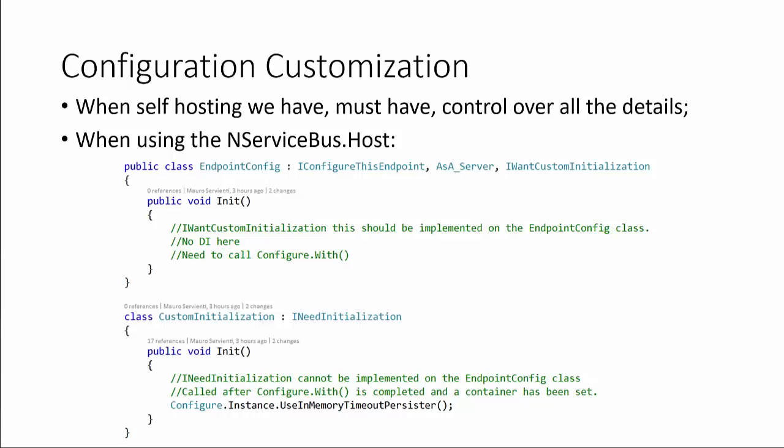At that stage, there is no dependency injection available yet, because we haven't configured anything yet. And in order to start the configuration process, we need to call Configure.With as if we were in the self-hosting scenario. But we do not need to create the entire configuration on our own, because the NServiceBus host will take care of the missing details for us.